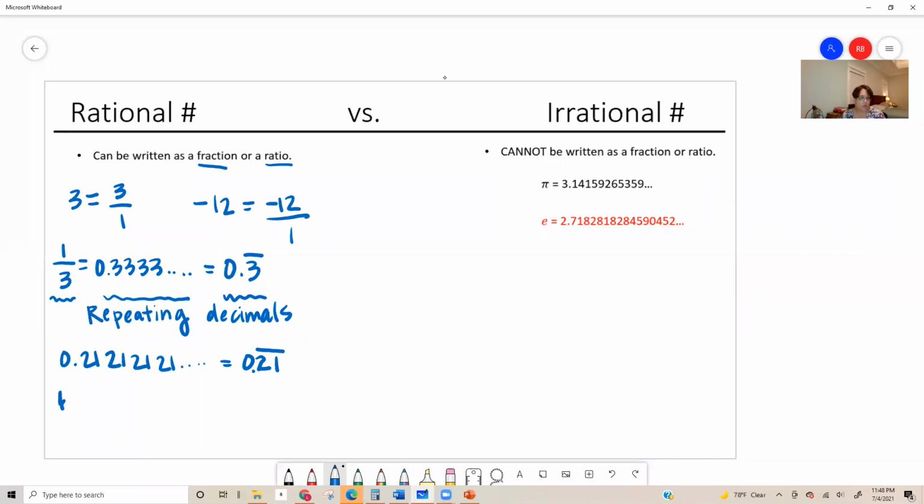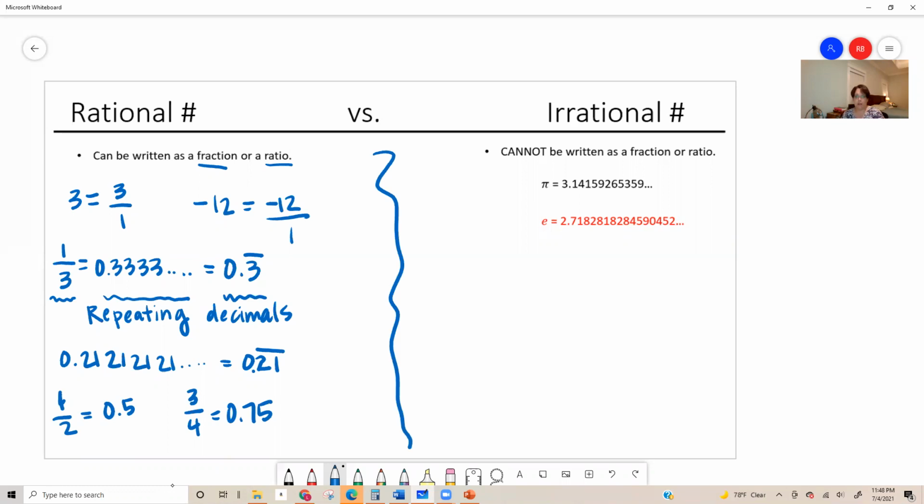So 1/2 is a terminating decimal because it stops, so 0.5. 3/4 is 0.75. Okay, so all of those are rationals.